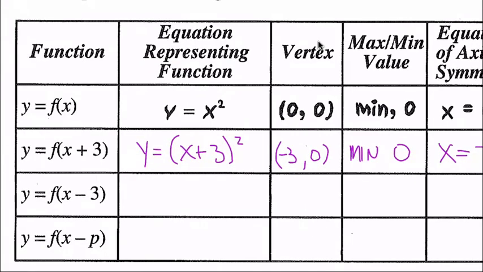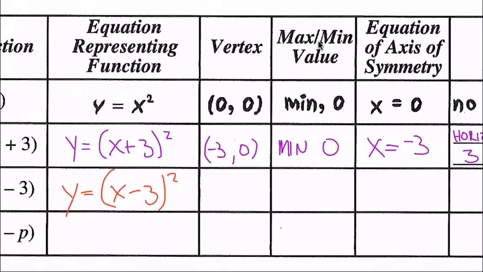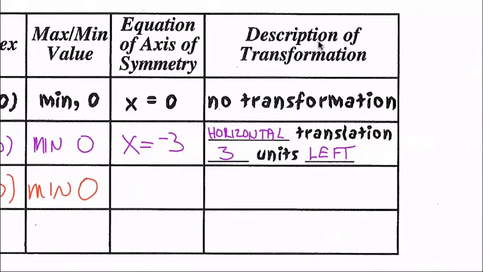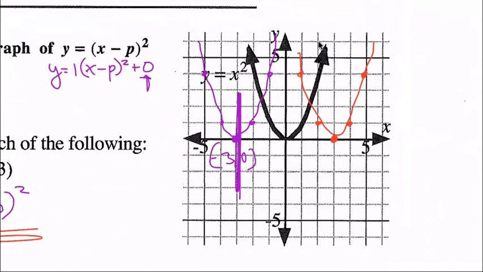If I look at x minus 3, my equation is y equals (x minus 3) squared. This one moved right 3 spaces, so my vertex is (3, 0). I still have a minimum of 0. My axis of symmetry, though, again, it moved. See, it moved way over here.